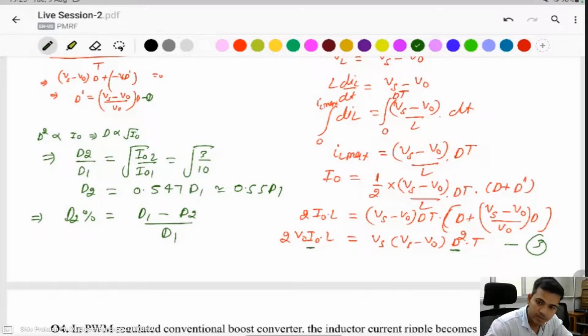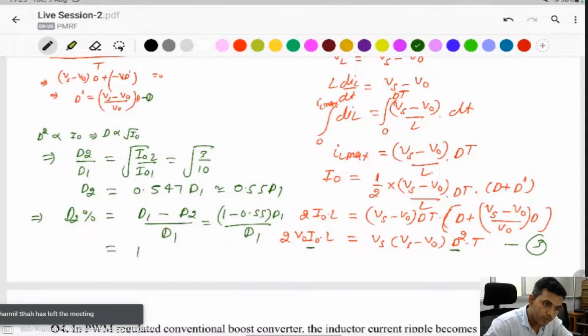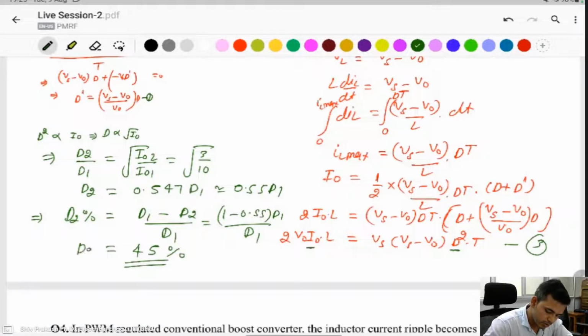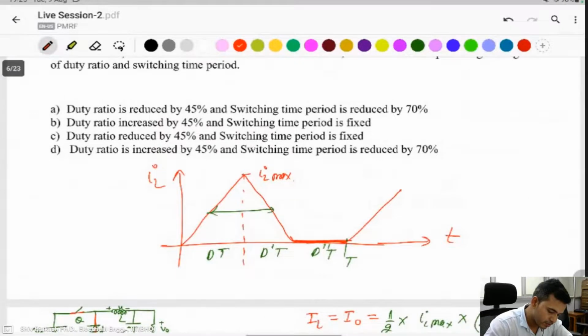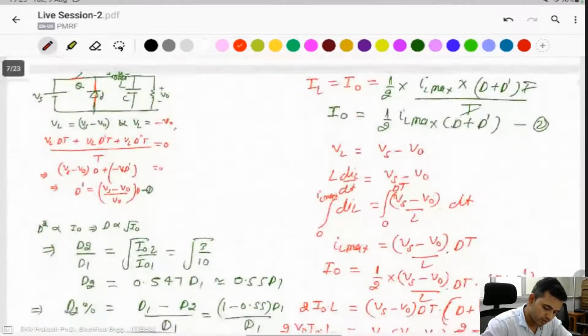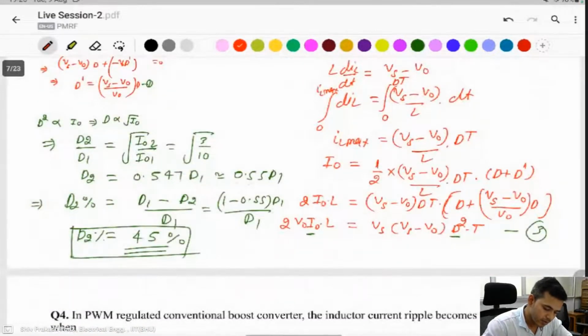So you find 1 minus 0.55 d1 divided by d1, and you know that d2 will change by 45%. The D2 ratio will change 45%. Here the option is reduce, okay, it is not increase. D2 is 0.55 d1 only.